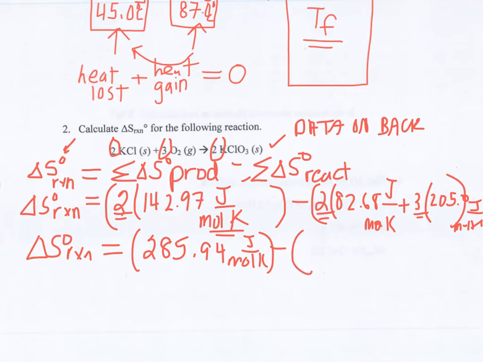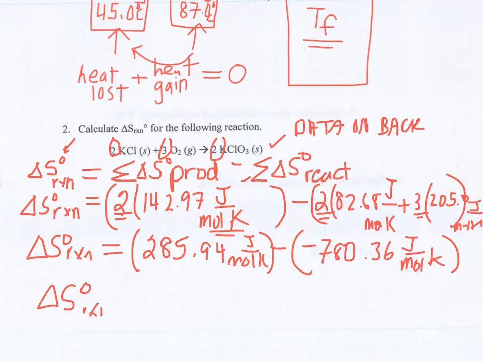And now this all comes out to be minus 780.36 joules per mole Kelvin. And if you go ahead and finally calculate out the value, it's minus 494.42 joules per mole Kelvin.